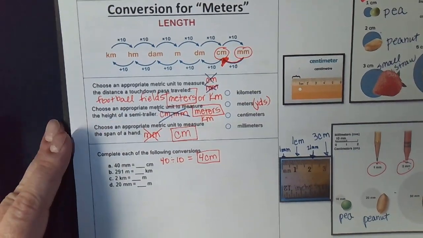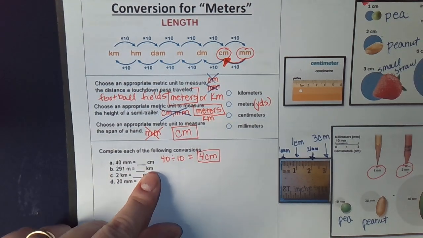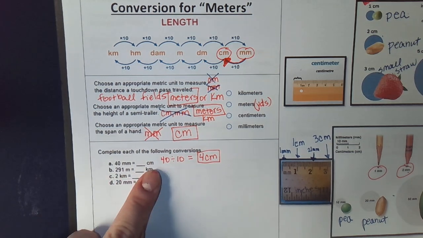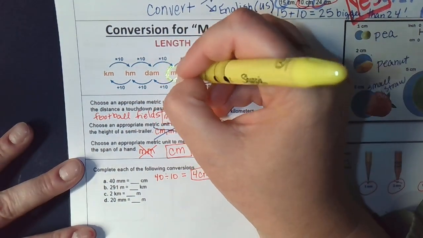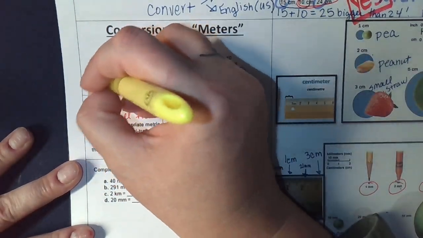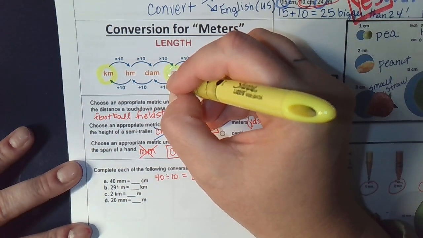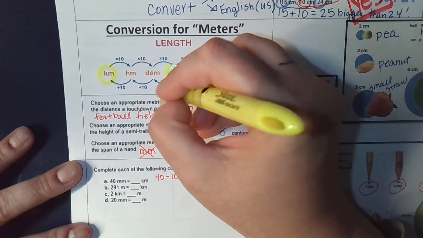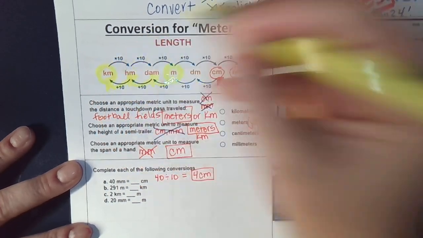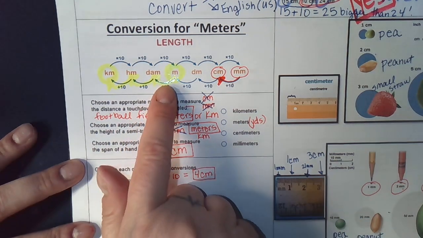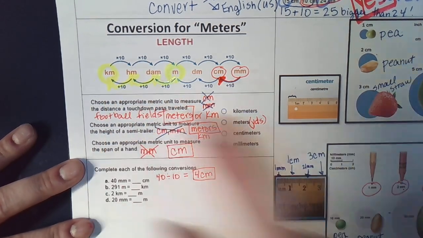Okay. Let's look at this one. 391 m to blank km. That means meters to kilometers. Okay, let's find where we're at. Meters. Kilometers. So we have to go from meters to kilometers. Oh. So we had to divide by 10 3 times.